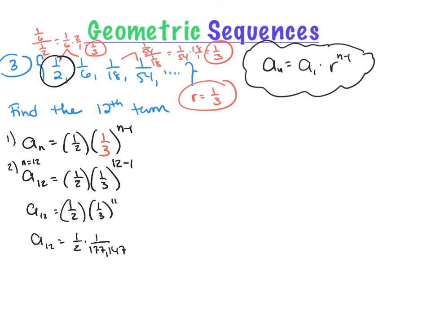And then multiplying those two fractions straight across, we get the numerator, 1 times 1 is 1. 2 times 177,147 is 354,294. And that was our 12th term.